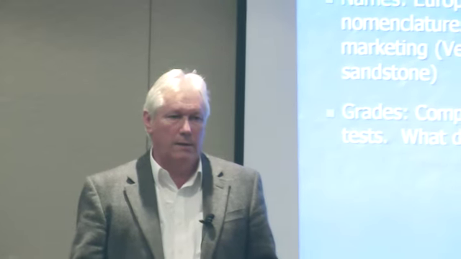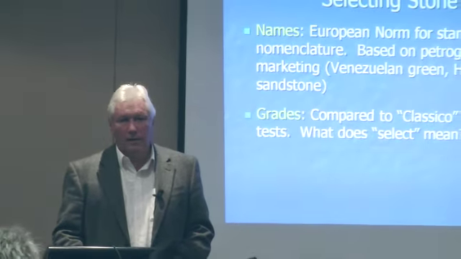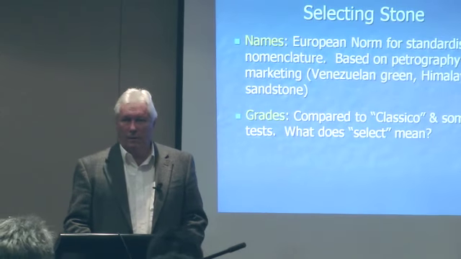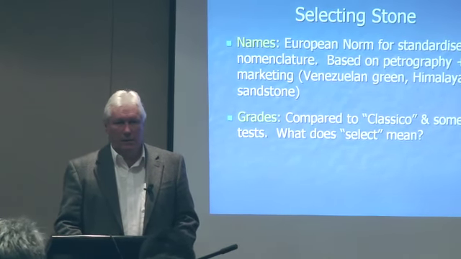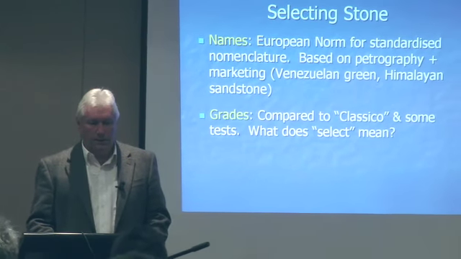When it comes to naming stone, we've got a lot of problems. The Europeans have tried to standardise this, so that all the different countries got together and tried to come up with what you would actually call that particular stone. And with there being thousands of different types and classifications, we can do some petrographic work and work out what the stone is from a macro position.